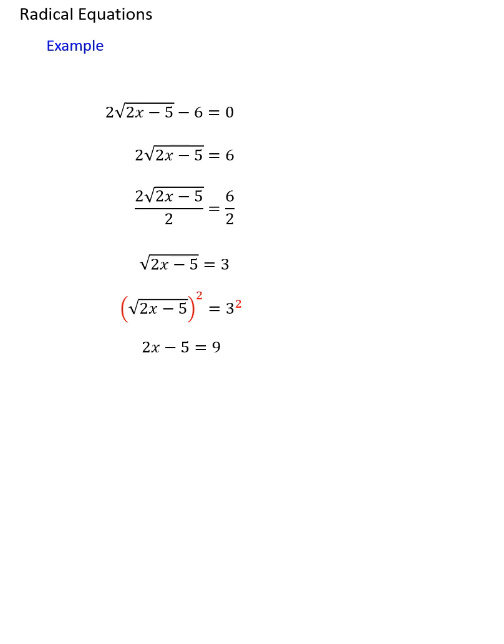And of course on the right, 3 squared is 9. So you see, by isolating the radical and then squaring both sides, I've reduced this complicated equation to a simple algebraic one, which I can solve with very little effort. And now I have the solution to this equation.